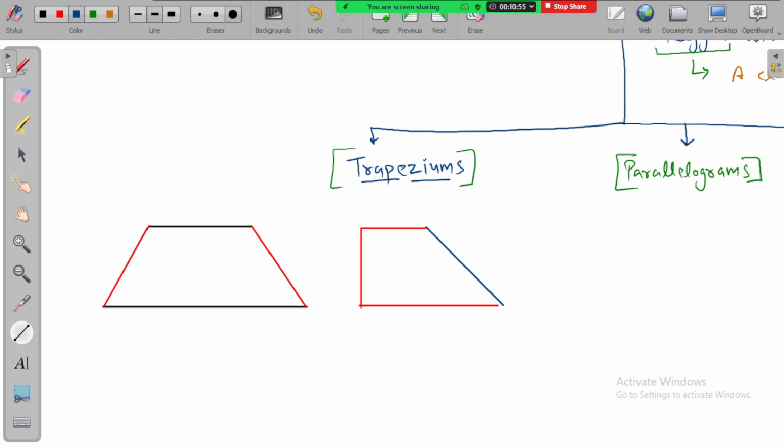Is it still a trapezium? Yes, because you again have one pair of parallel sides. Good. So if one pair of opposite sides is parallel, you call it a trapezium. Is there anything special or any other property that you need to know?